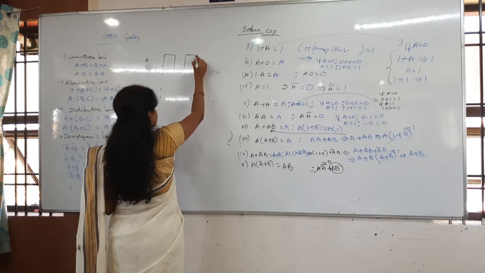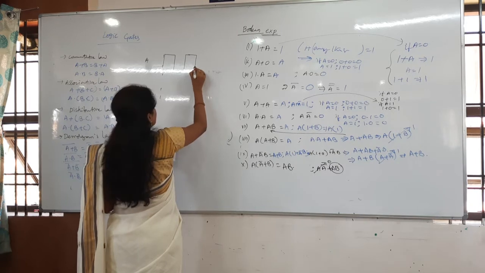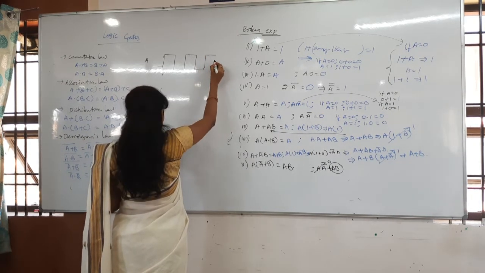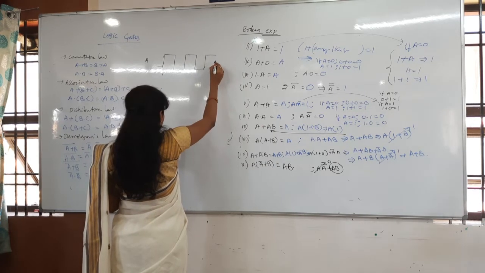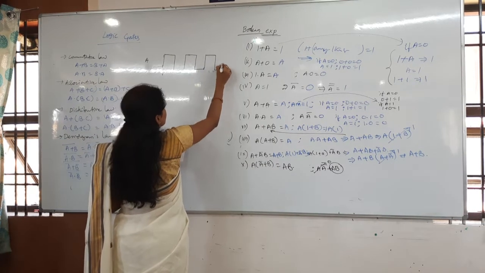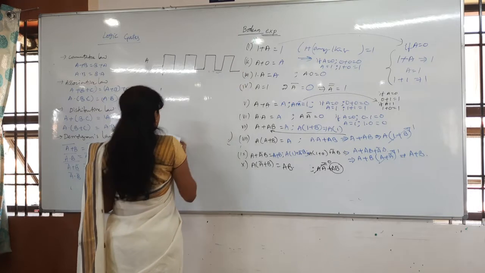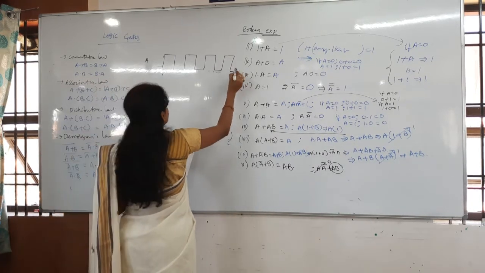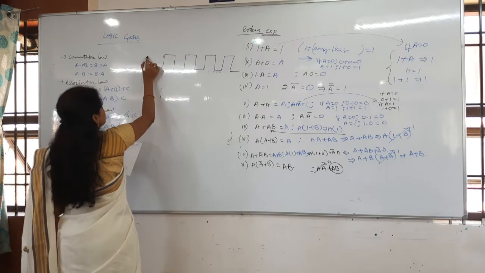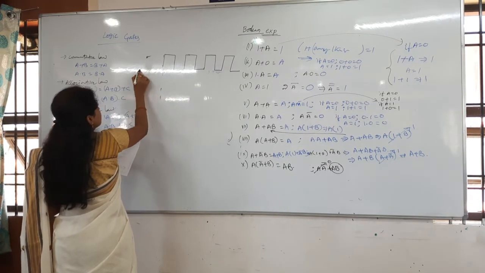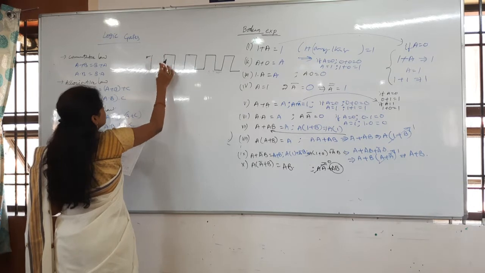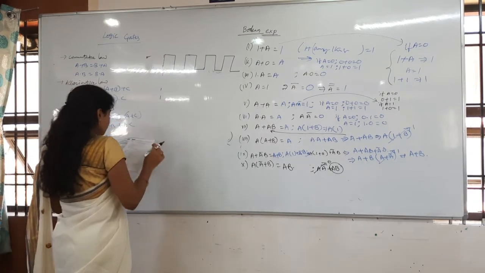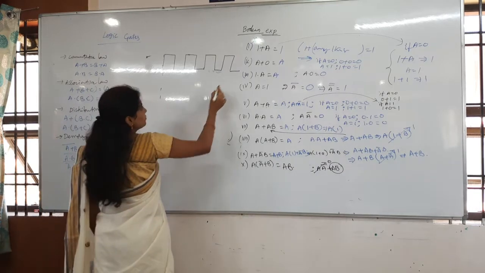Then name the logic gate. Write the truth table. Next, give the output waveform.